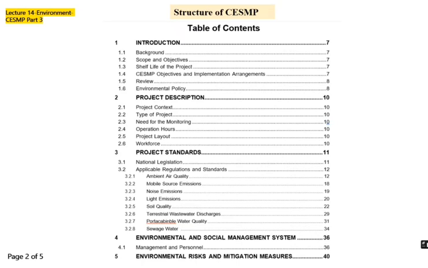After that, we have chapter number 3, which is project standards. We have national legislation, applicable regulations and standards. For national legislation, if you are working in Saudi Arabia, we have to specify big tables, for example for soil, water, air.